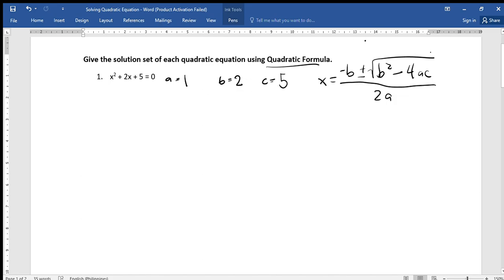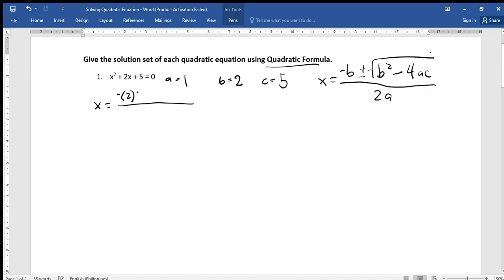So, let's try to use the quadratic formula to solve for the solution set of this quadratic equation. X is equal to, so, yung negative b, yung b natin is 2, so magiging siyang negative 2.